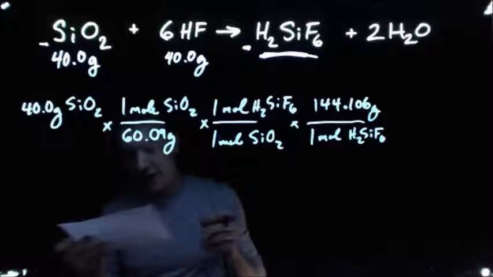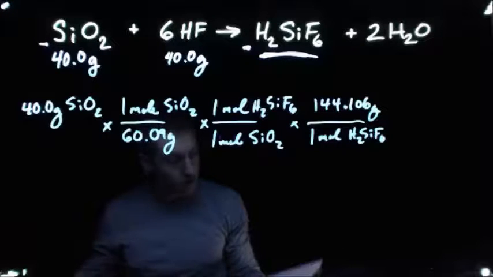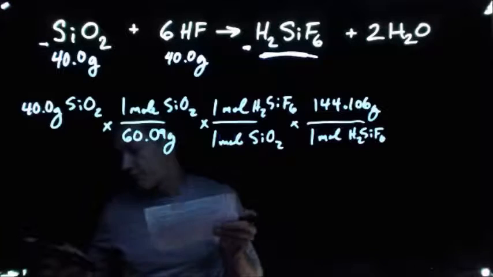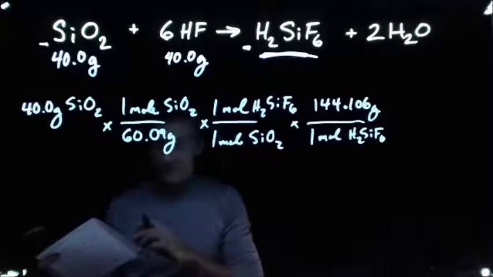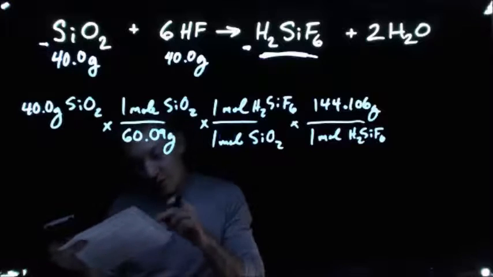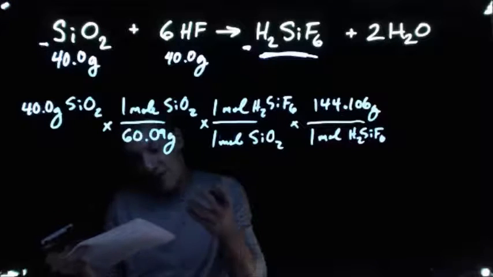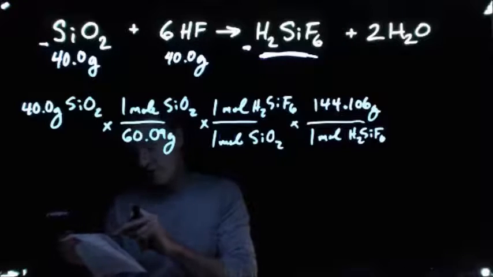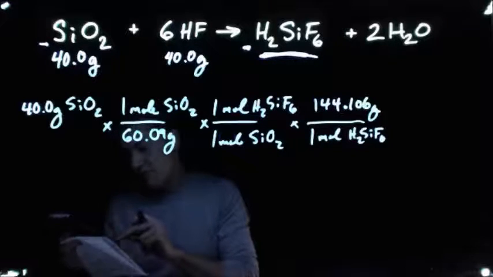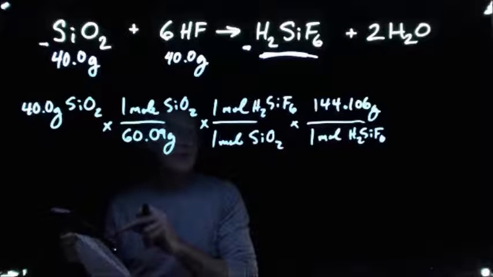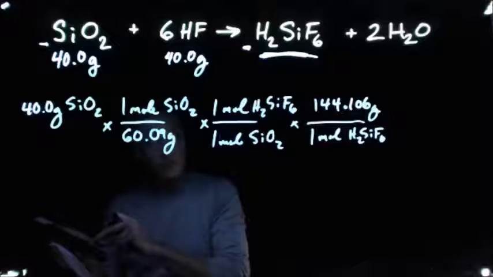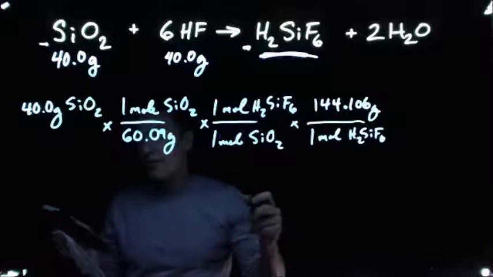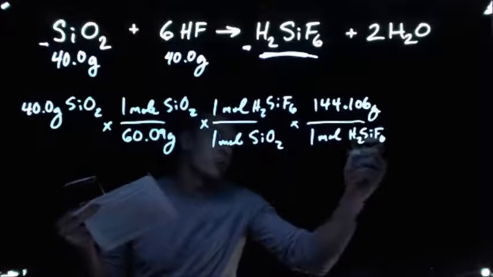And then if I multiply that across, we would get... you work it out, I'll work it out, and we'll compare our answers. 40.0... I got 95.9, and then 3 sig figs, yeah, that'd be right.